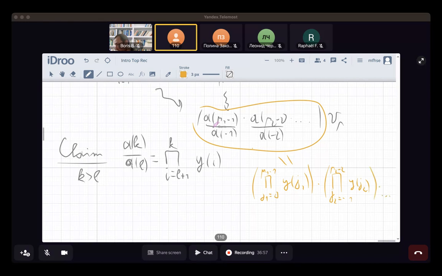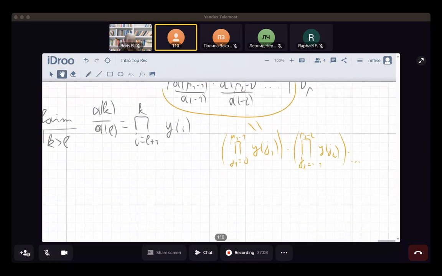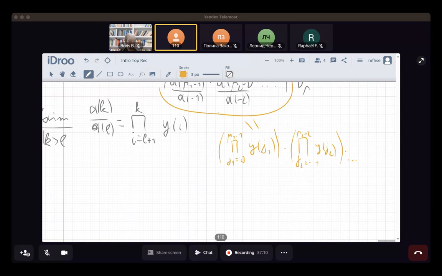But what values will these J's take? Let's look at our Young diagram. What does this correspond to?